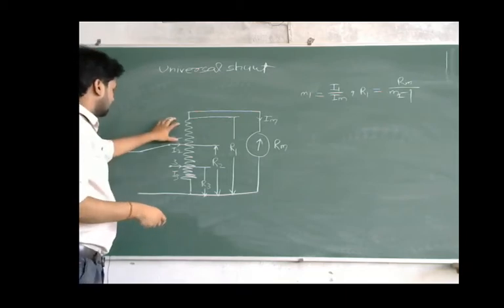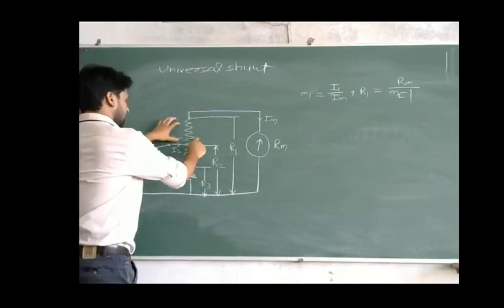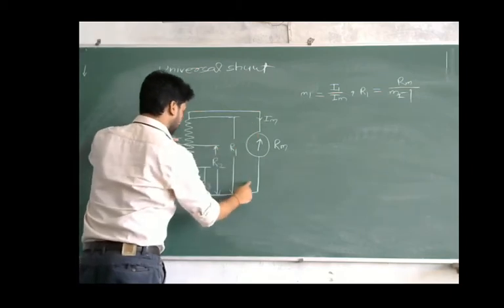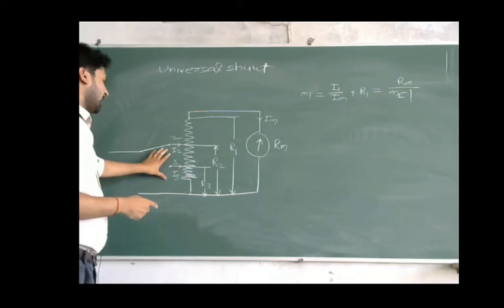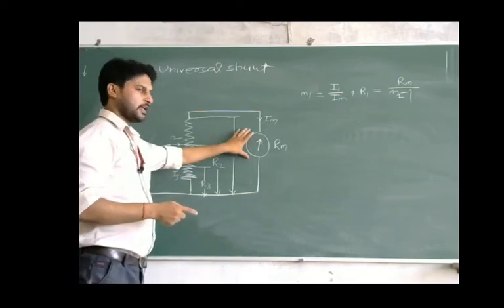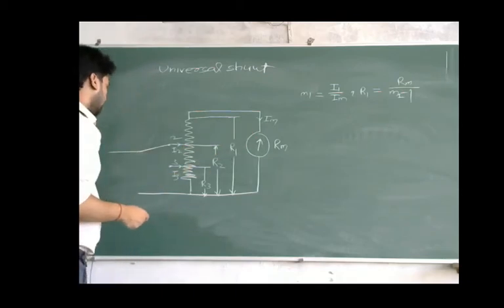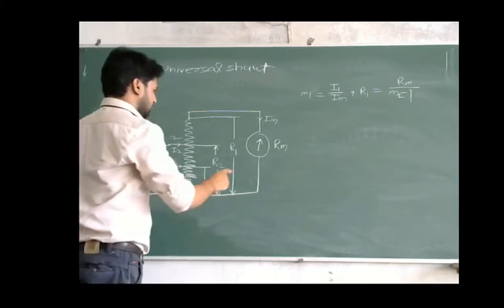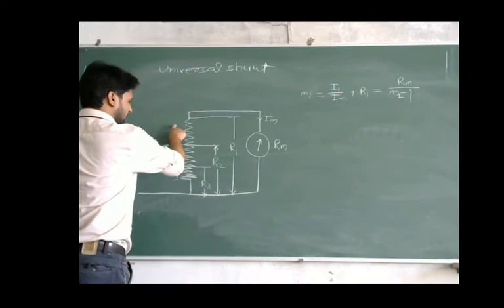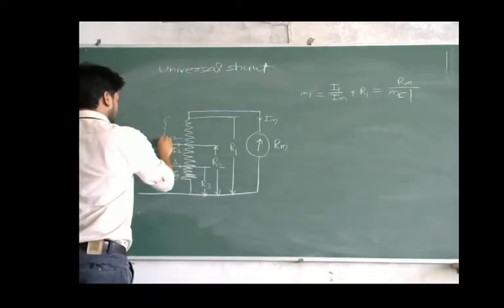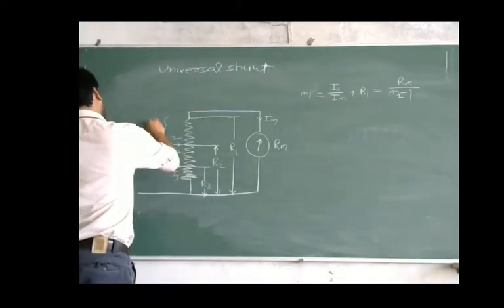This part of resistance appears in series with the instrument, and this part of resistance appears in parallel to the instrument, so that we can write that the total resistance now becomes Rm plus this value, R1 minus R2. This value is R1 minus R2.